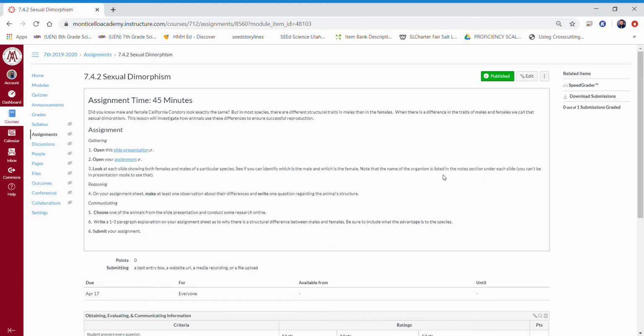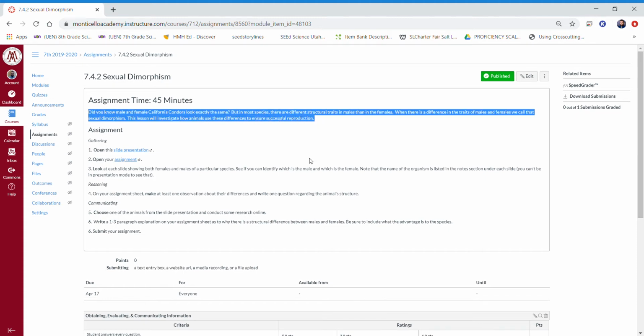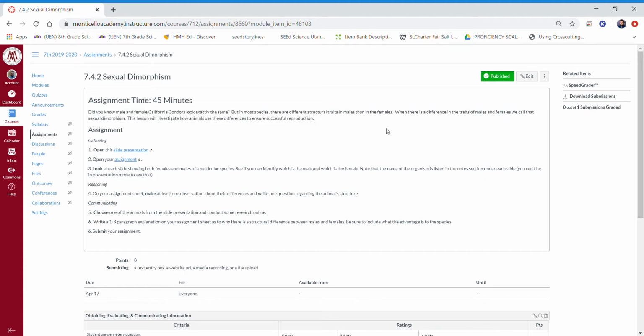Let's make sure that we understand what that means. So I give a little definition in here. So let's focus on that, because if we don't understand the title of the lesson, we're going to have a lot more trouble filling it all out.